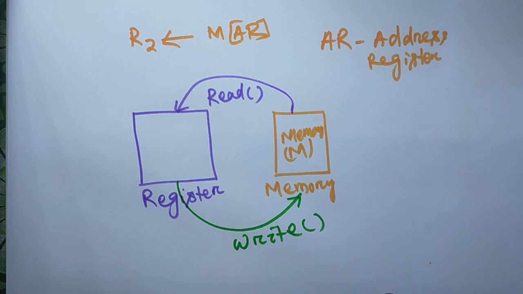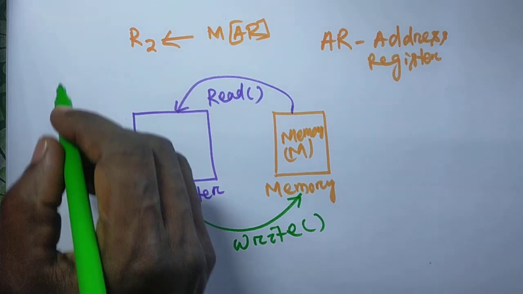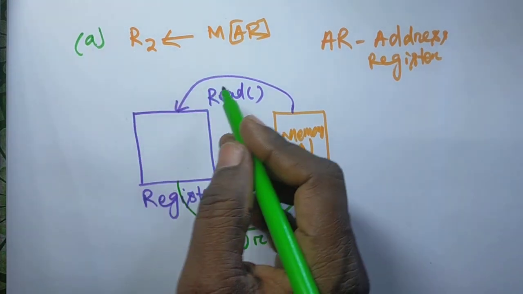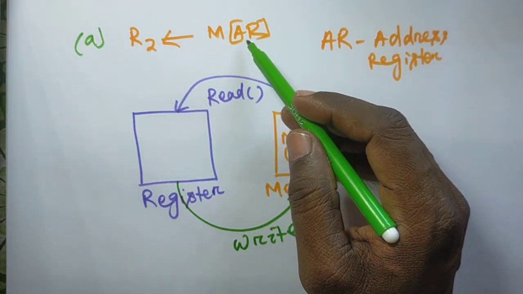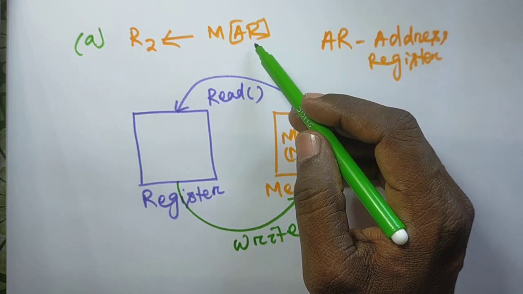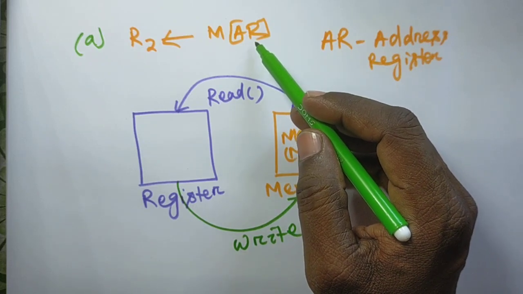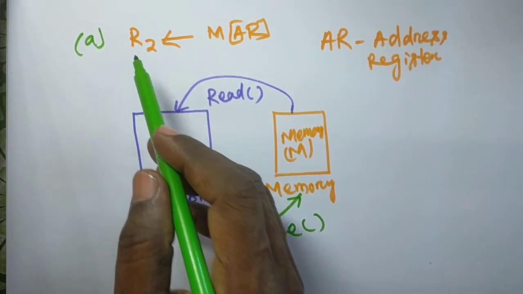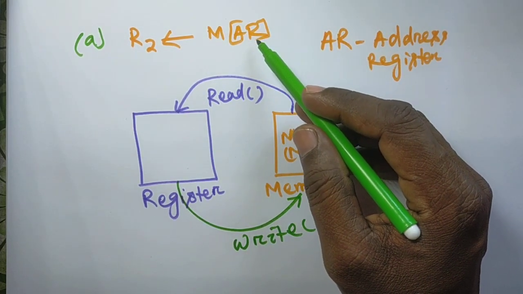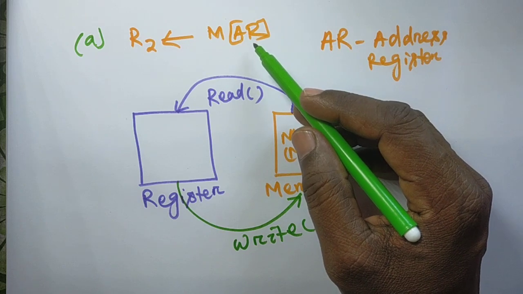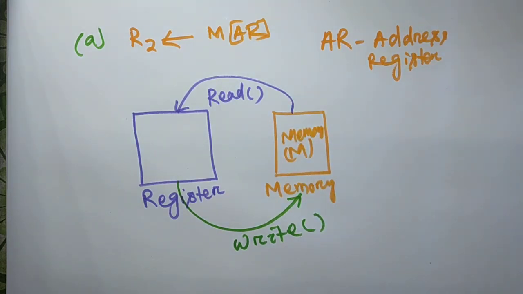Okay. Now we see the statement given in this way. For example, one statement is given: memory of AR, meaning the content of the address register, is transferred to R2. That means the content of the address register, or the memory word specified by the address in AR.